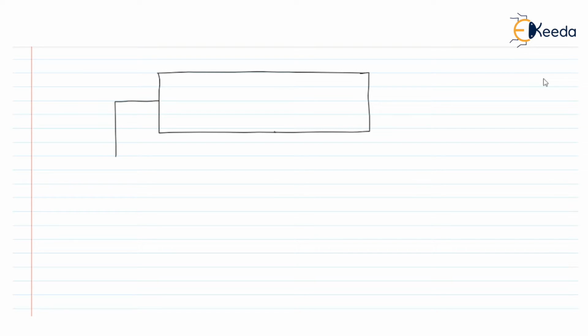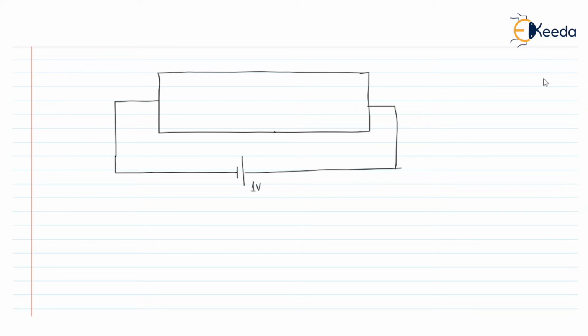Now let us take an example of the electric field intensity cases. For that, let us take a semiconductor bar like this, and we have applied an external potential of 1 volt.